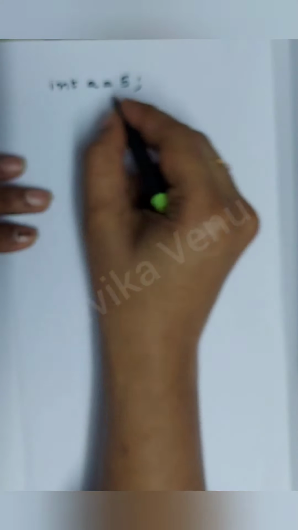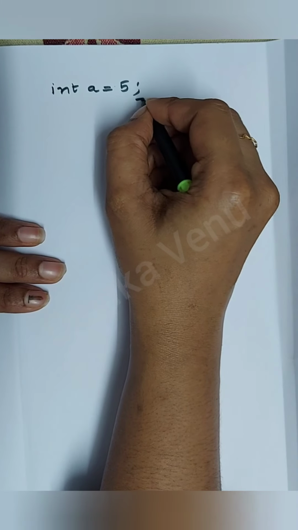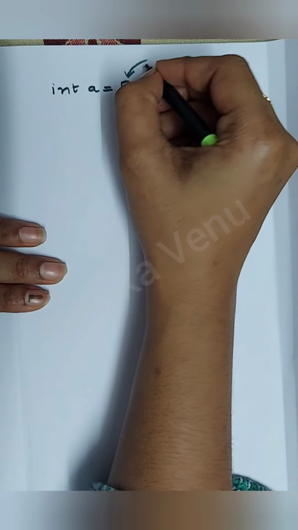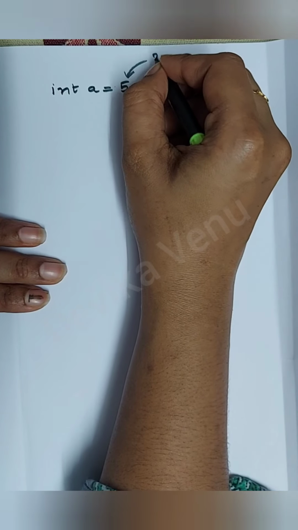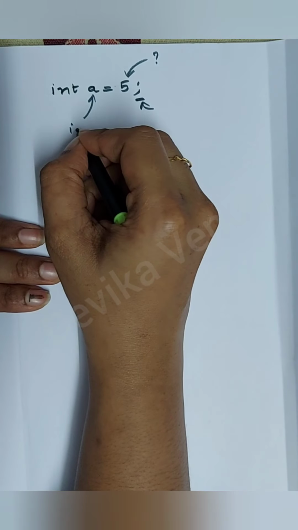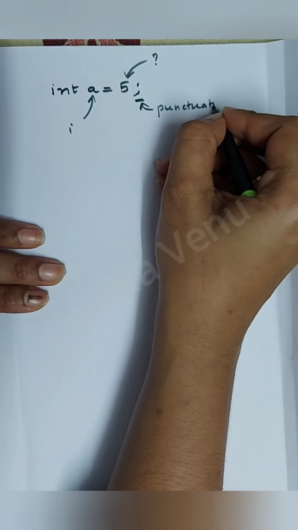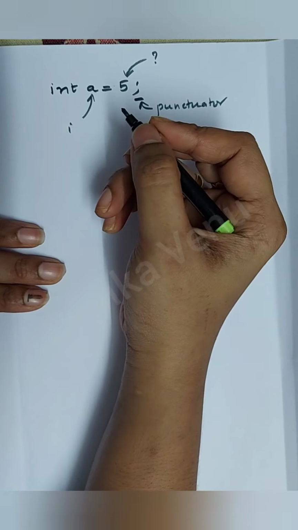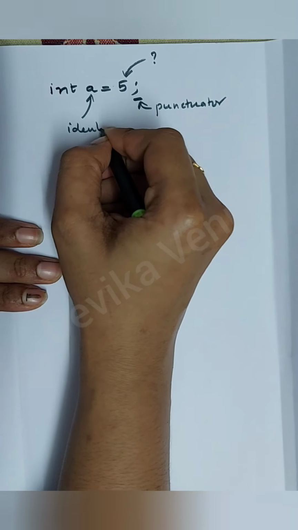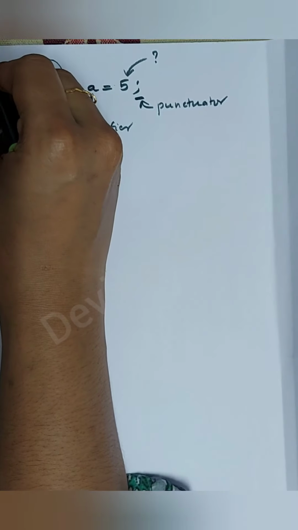Okay, so this is one line from a program, and here you know that this is a punctuator, and this we don't know what this is, and this one is a punctuator, and this one is an identifier, and this one is a keyword.